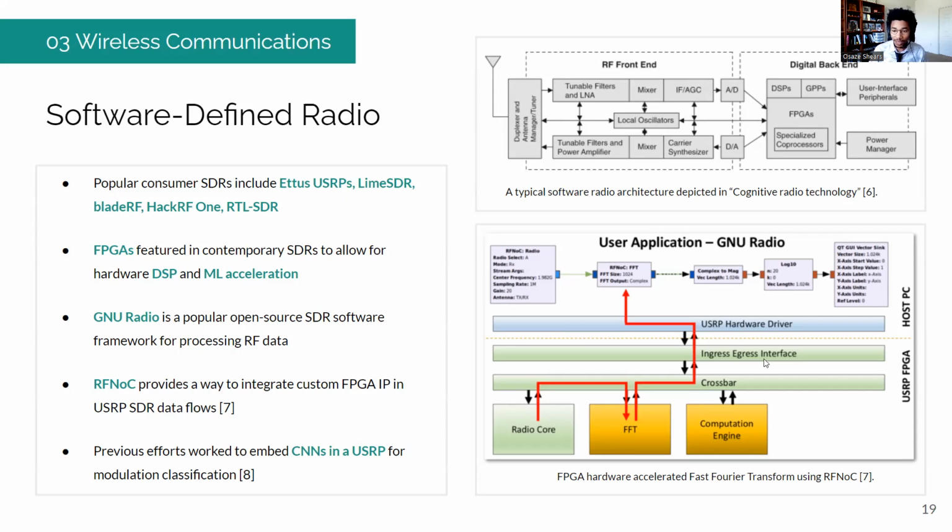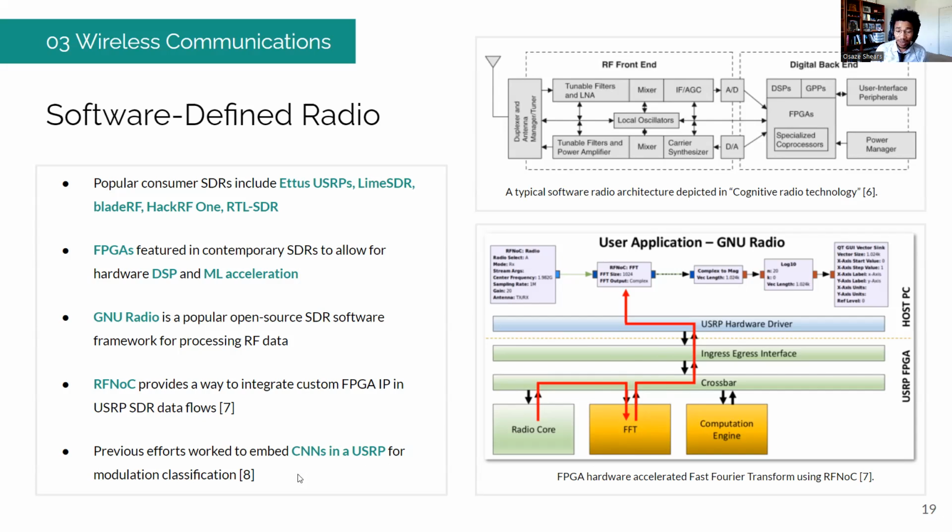Like in this case that's shown on the right, a fast Fourier transform component was developed using VHDL and implemented in the actual FPGA of the USRP. So this shows a lot of interesting ideas for how we can, it's kind of building up, right? So we can see how we can actually create something like a neural network accelerator and implement that in a software-defined radio so that we can perform that spectrum sensing a little bit more efficiently.